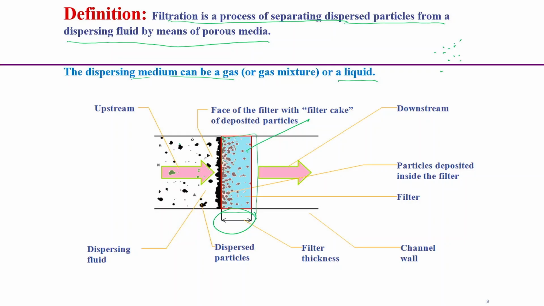While it is passing through the thickness of the fabric, some of the smaller particles penetrate inside the structure, and get trapped within the structure by different mechanisms that we will discuss, and on the downstream side the clean air is moving and particles are deposited inside the filter.